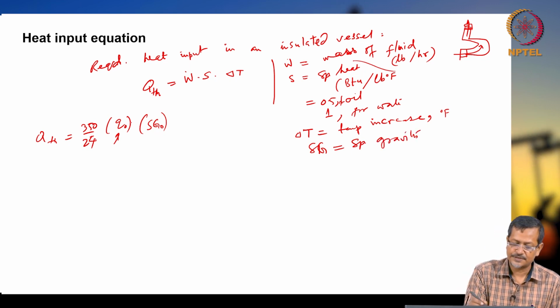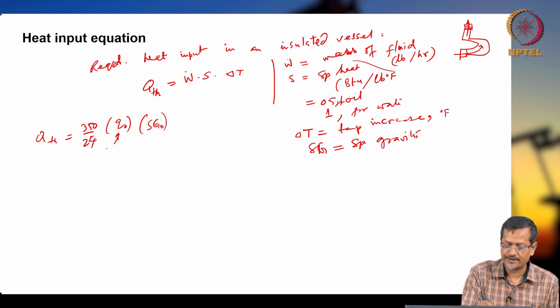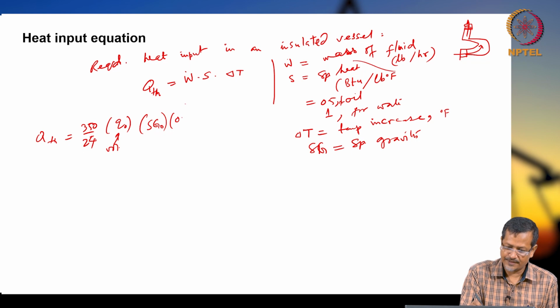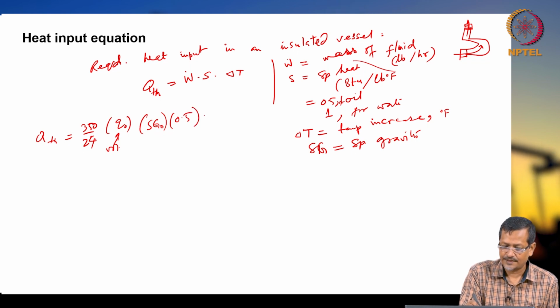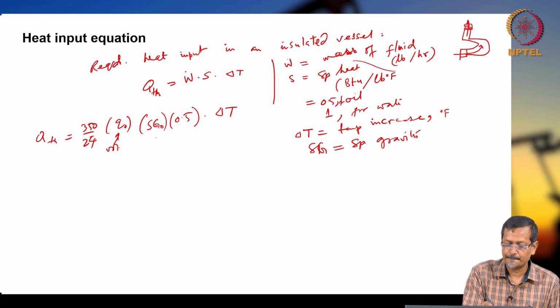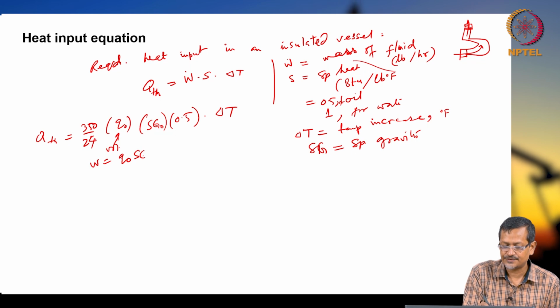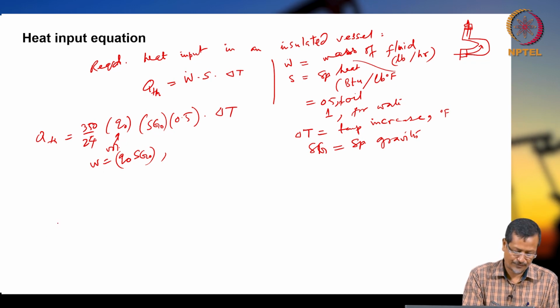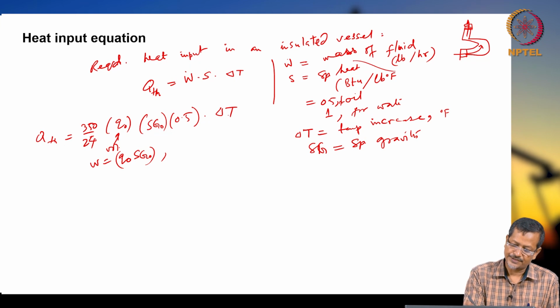Okay, specific gravity, volume into specific gravity, 0.5 ST into del T. So, W you are writing as Q_O SGO, and the C value already 0.5, and unit conversion 350 by 24. Now, this is for oil.